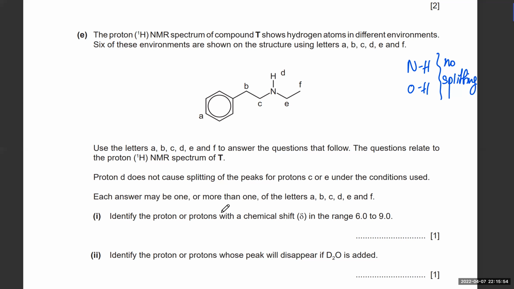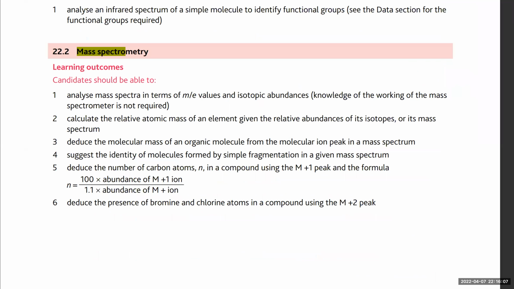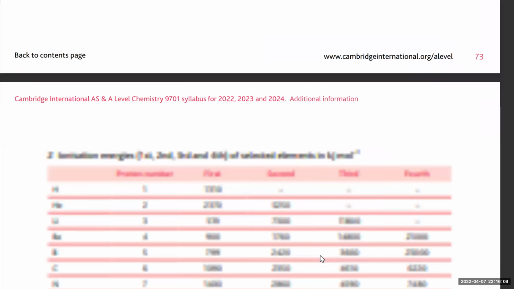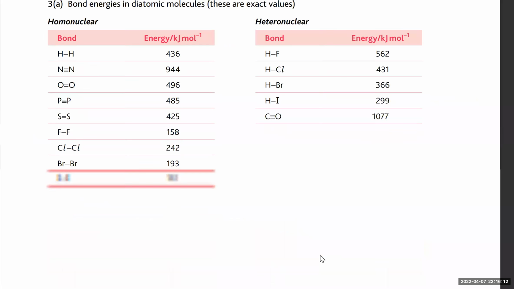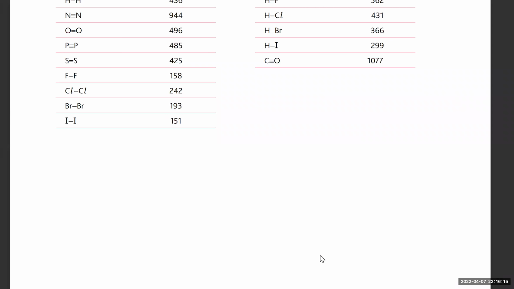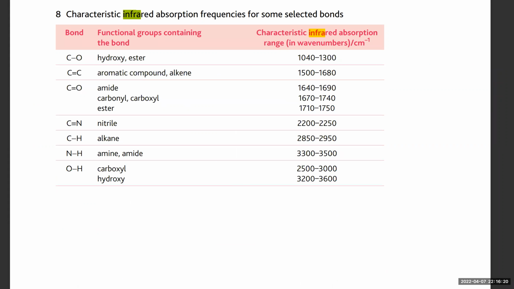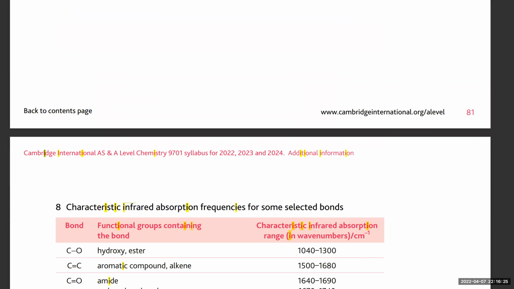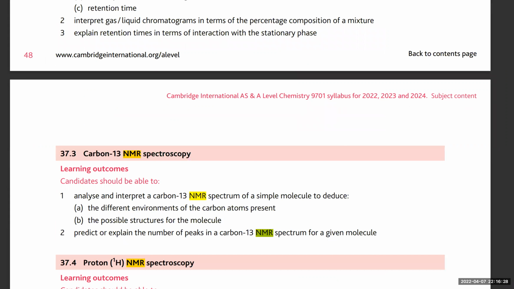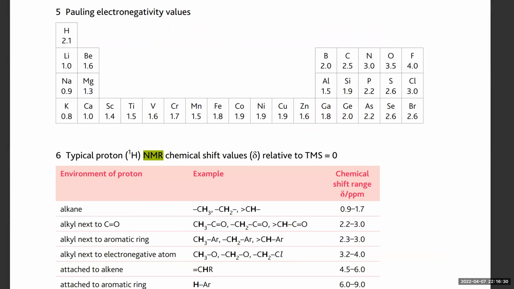Identify the proton or protons with a chemical shift in the range 6 to 9. For this, we would need to open the data booklet. So, NMR.